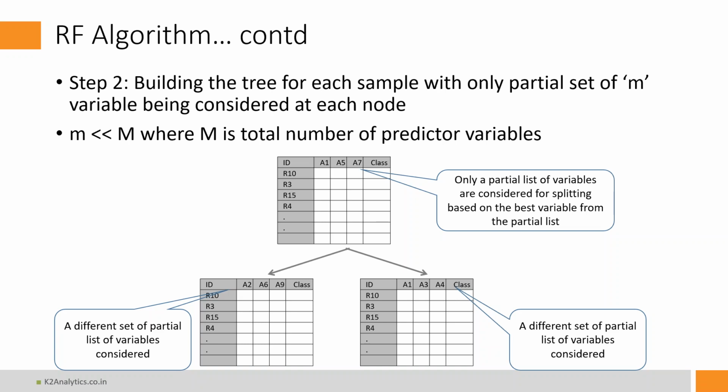Now to build a classification tree, in a typical classification tree, all 100 attributes will be evaluated for the Gini gain or for the information gain, and the variable which gives you the highest gain will be used for splitting the data into 2 children.